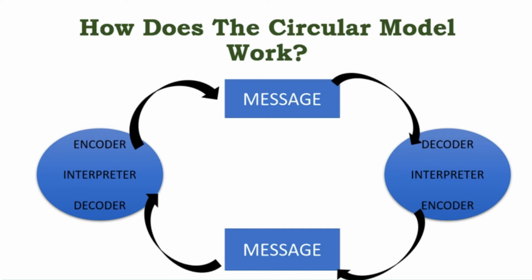It is up to the recipient to decode the message, interpret it, and then encode it again before sending the message to a new recipient. There is no fourth element such as in Berlo's SMCR communication model. So we have here the source, or the encoder. The source of the message is the sender, the party who sent the message.